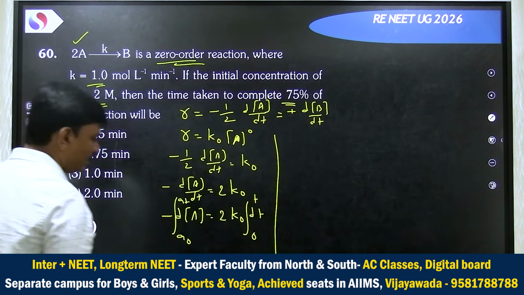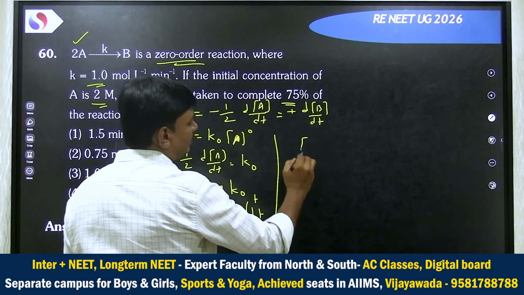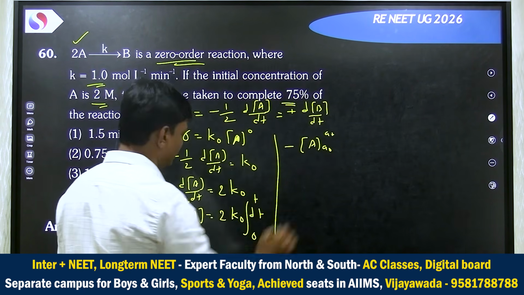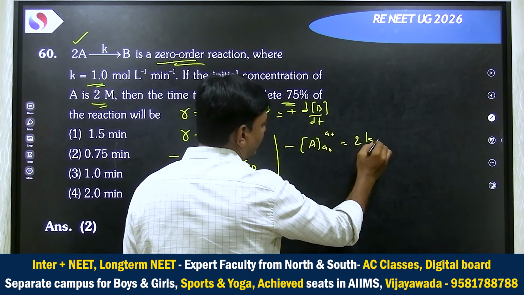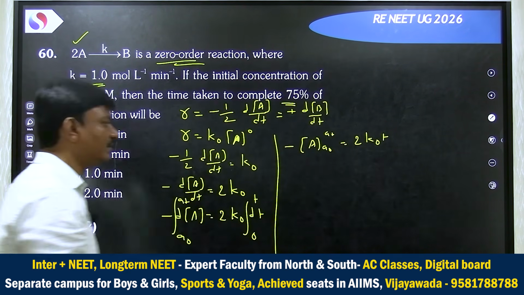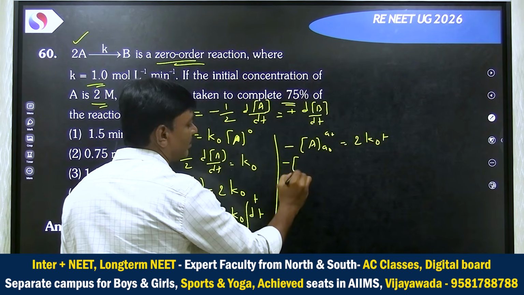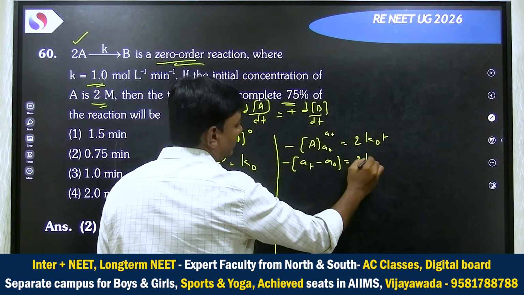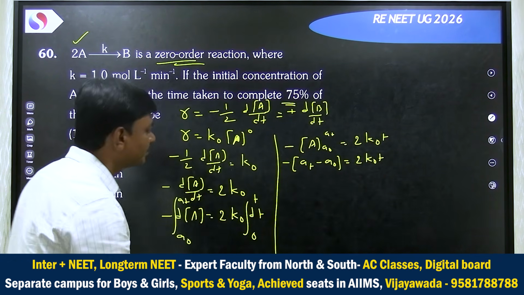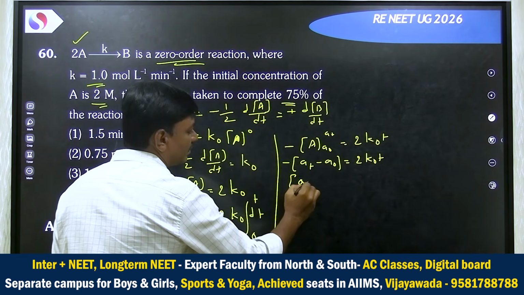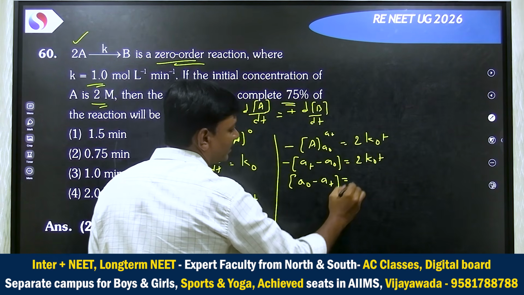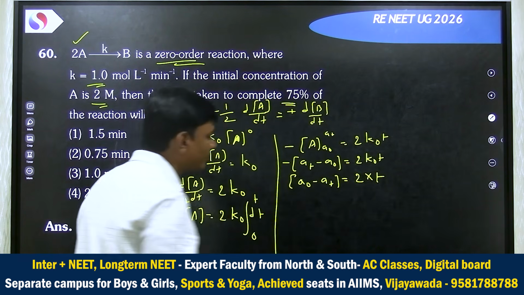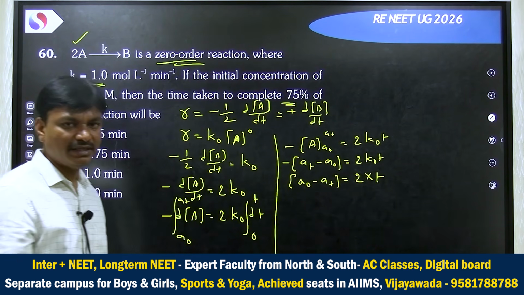Integration of dA means A. Here the minus is there, equal to 2 K naught into t. Integration of dt means t. Here upper limit minus lower limit: minus (At minus A naught) is equal to 2 K naught t. So here A naught minus At is equal to, with K naught value 1, 2 into t. A naught means the initial concentration of the reactant.